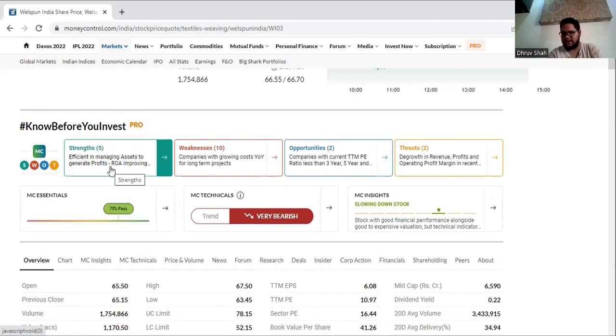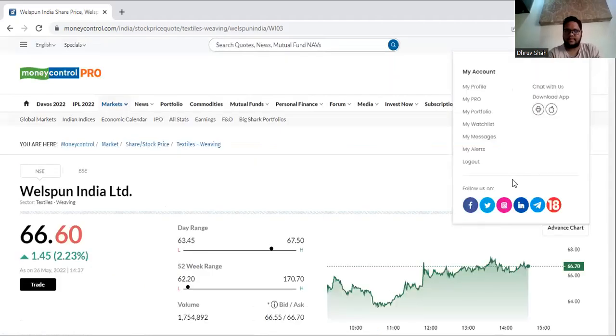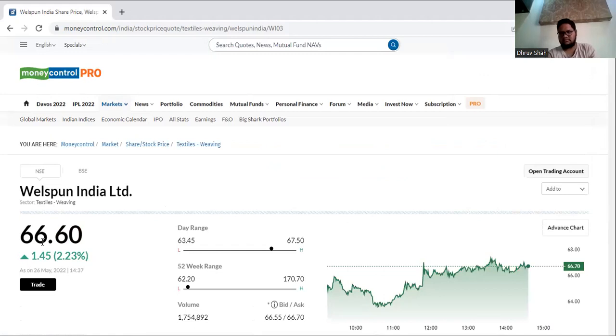Return on asset and return on equity, both are increasing, which means the company is generating value for the company and also for the equity shareholders, which are the market participants. The share is currently up by 1.55 rupees, 2.38%.